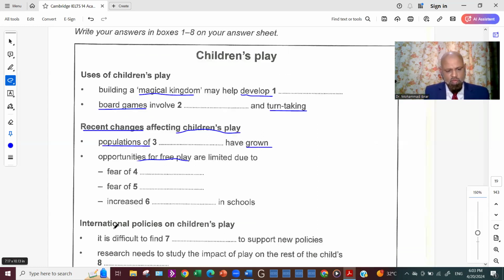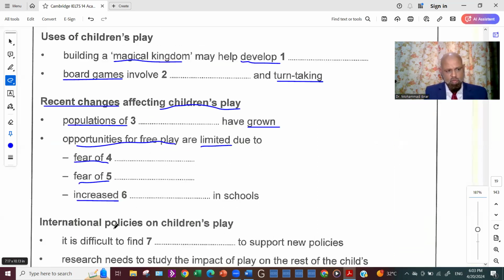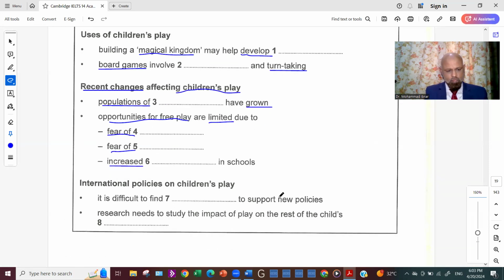Now, we have to find something about international policies on children's play. Difficult to find. Something is difficult to find. Now, why? To support new policies.